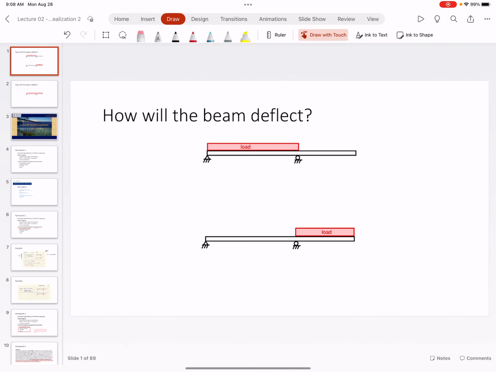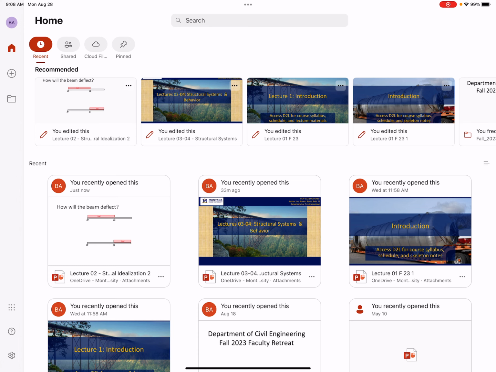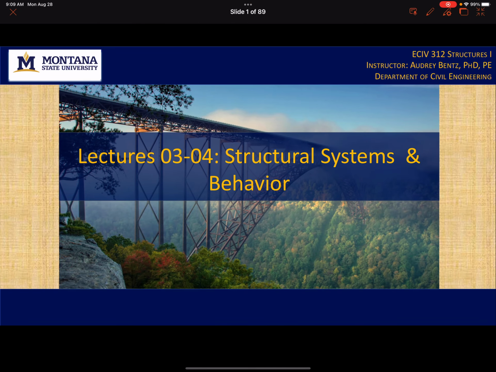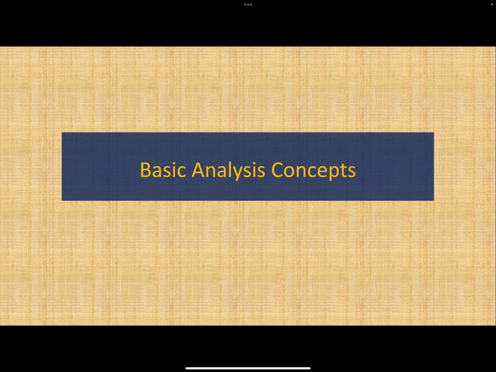All right, so now we're going to roll into the lecture 3 slides, which continue this concept. Now that we've introduced structural systems, we're going to talk about some basic analysis concepts. This will be a little bit of review of statics and stuff that you've seen before, but also defining maybe some new terms.